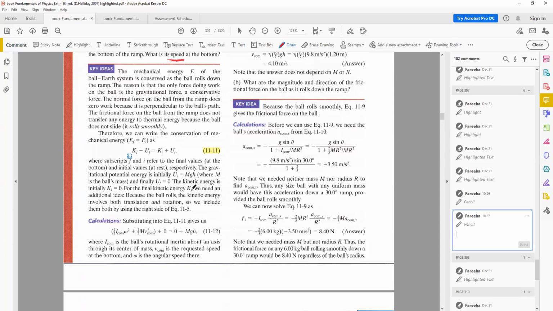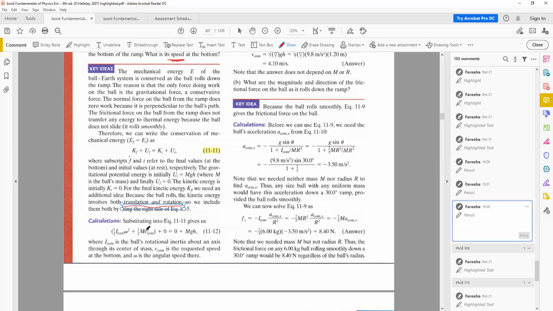In the case of rolling motion, when a body is rolling on an inclined plane, the kinetic energy is a sum of the translational and rotational motion. So the motion is both translational and rotational. You will remember this from the previous class also.